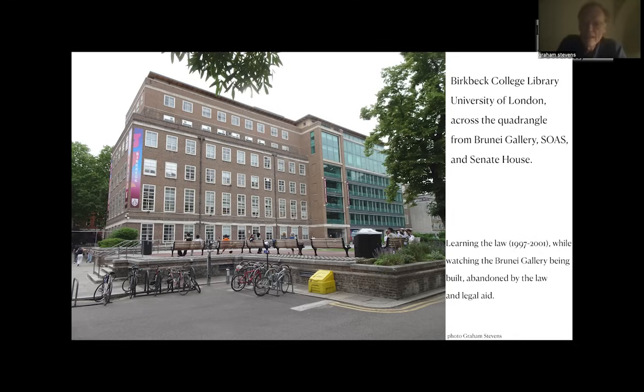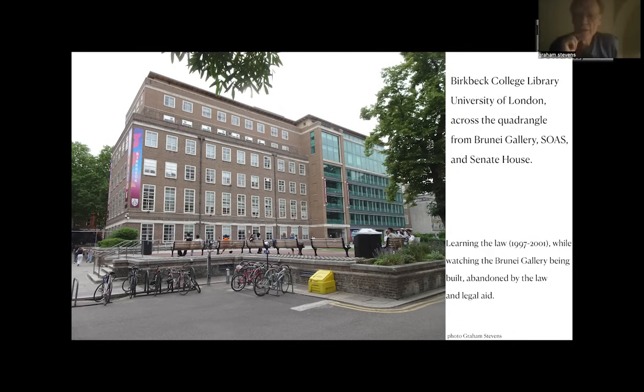And it just so happened that the Brunei Gallery, which the Sultan of Brunei had given me 10 million pounds to build at SOAS, was being constructed on the opposite point of the quadrangle. So in the quadrangle, in the photograph, you see Birkbeck Library, and there's Brunei Gallery on the other corner, SOAS on the other corner, and Senate House on the other corner.